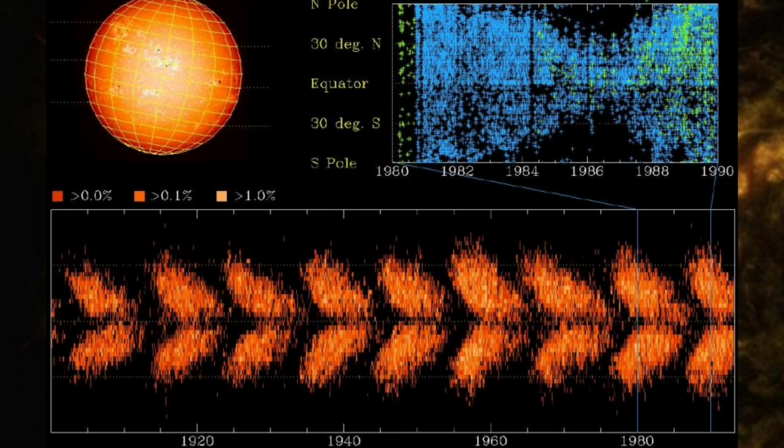But due to this rotation, the magnetic field gets stressed all the time by the plasma, which rotates not only at different speeds, but also in the opposite direction. So the magnetic field gets more and more unstable. The Sun gets more active. And how do we measure the activity of the Sun?